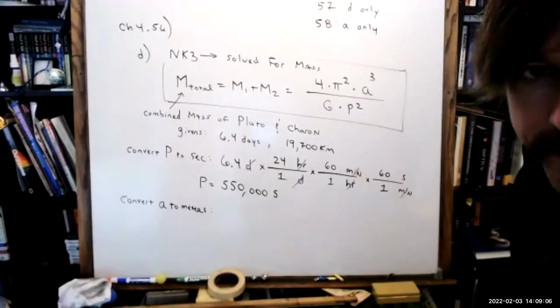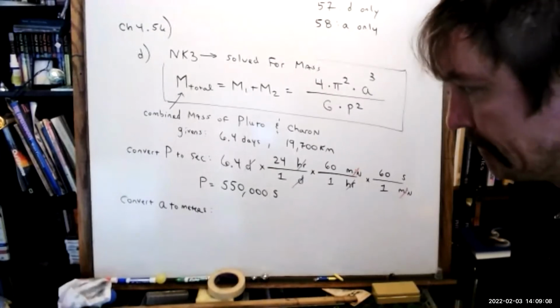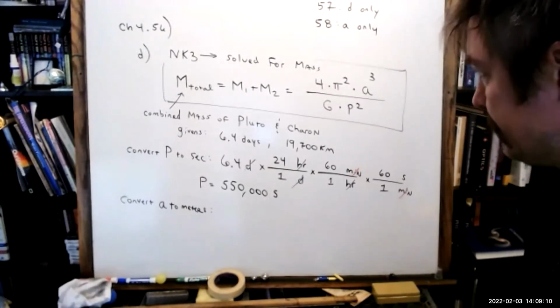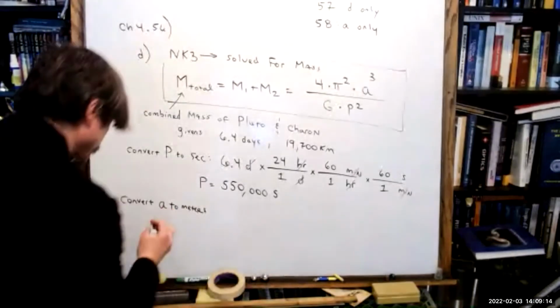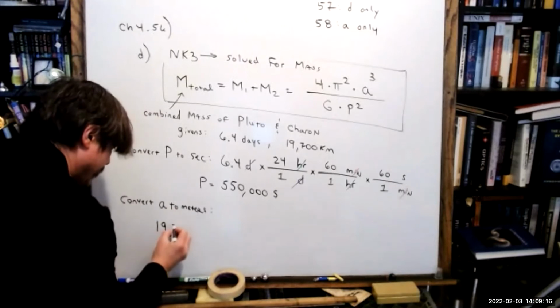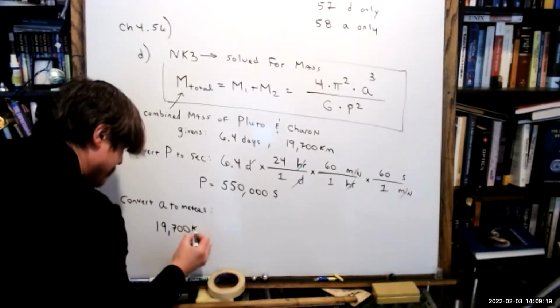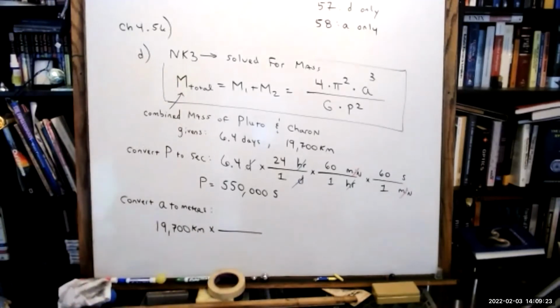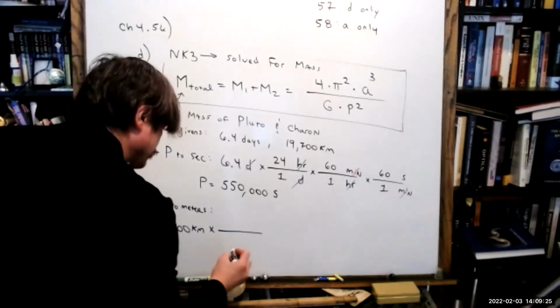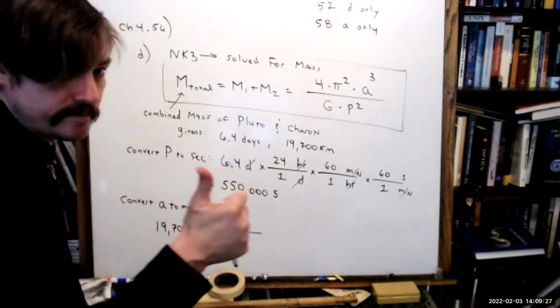What's our first step? Write down what we need to convert. So 19,700 kilometers. Lovely. Now what? Multiply it by a division bar. Now what? And now write in the units, just the units.